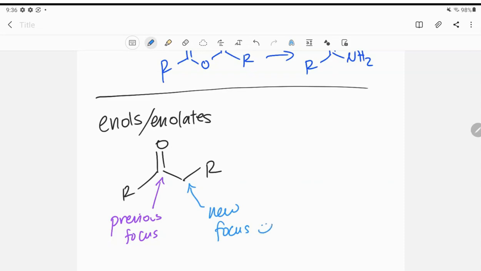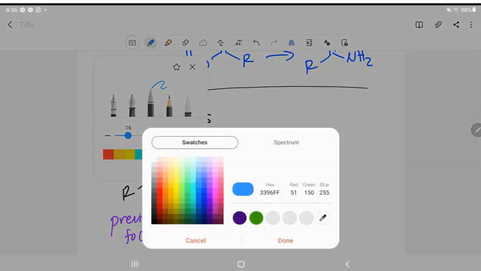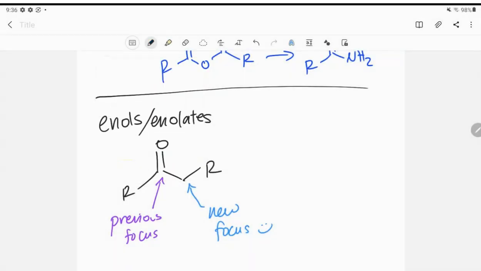So we have a new focus for the chemistry related to carbonyl compounds. With aldehydes, ketones, carboxylic acids, and all those derivatives, we always focused on the carbon that was double bonded to the oxygen. But now we're going to be focusing on what's called the alpha carbon.